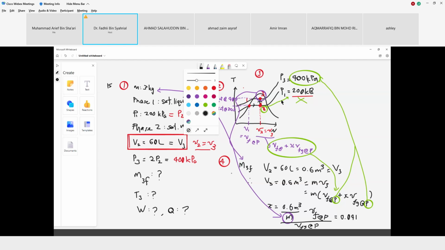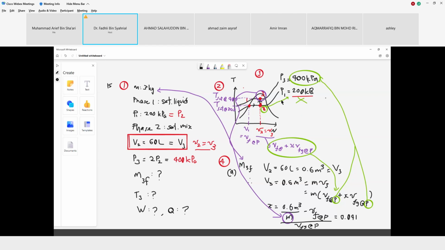Second ini A. The amount of liquid. No, not yet. We didn't finish yet. For A, yang ini kita baru dapatkan nilai X. Okay, let's continue for A.